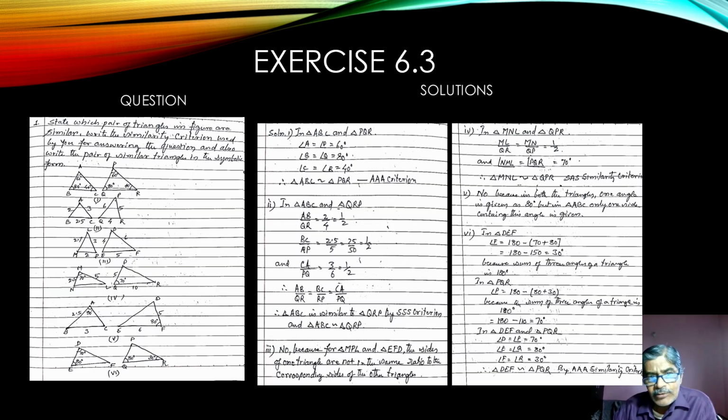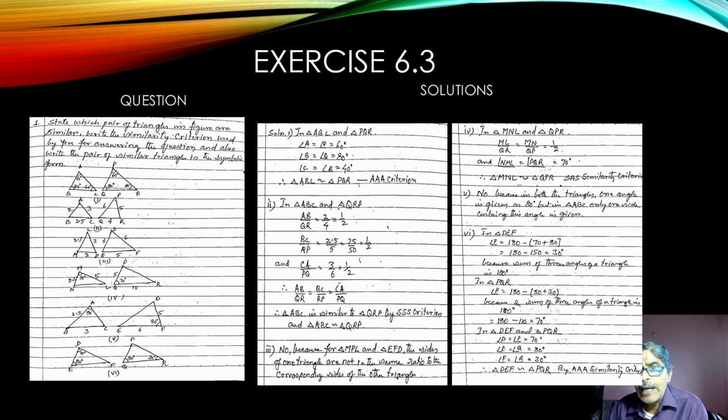So the next sub question, no, because in triangle MPL and triangle EFD the sides of one triangle are not in the same ratio to the corresponding sides of the other triangle. And then in triangle MNL and triangle QPR, ML by QR is equal to MN by QP, which is equal to half.